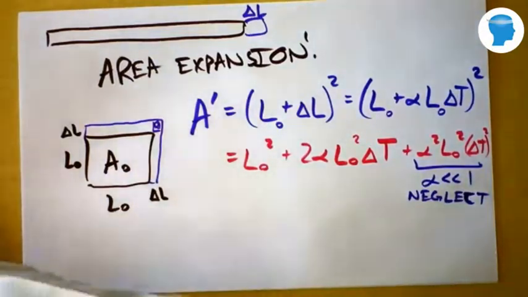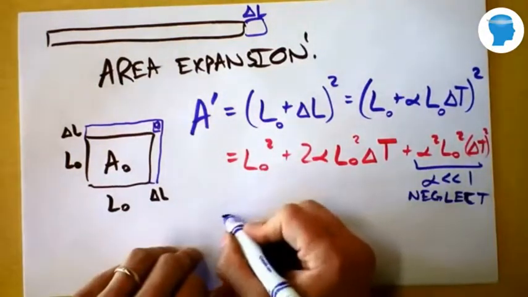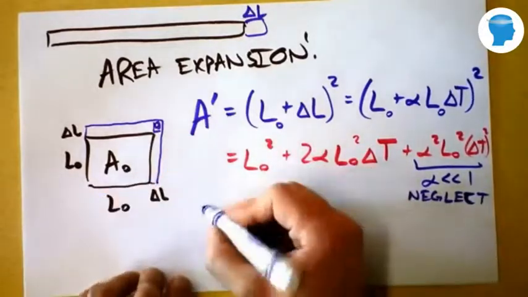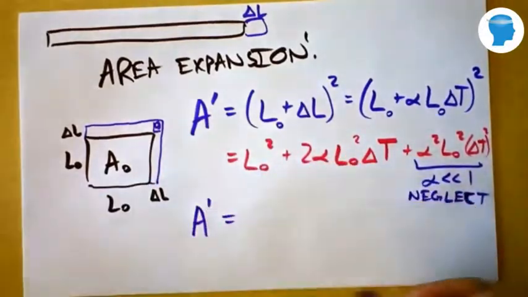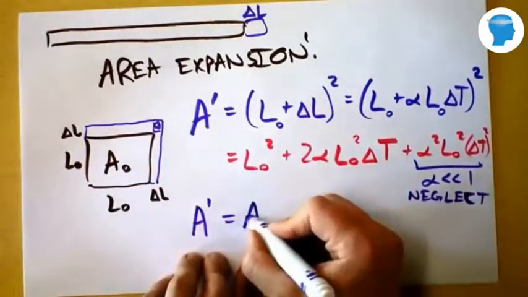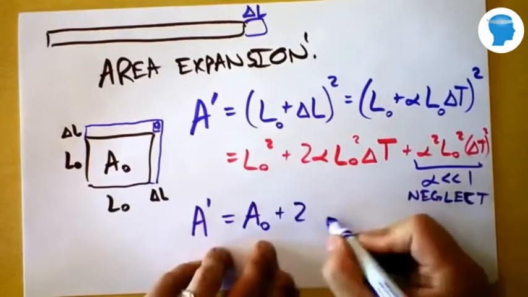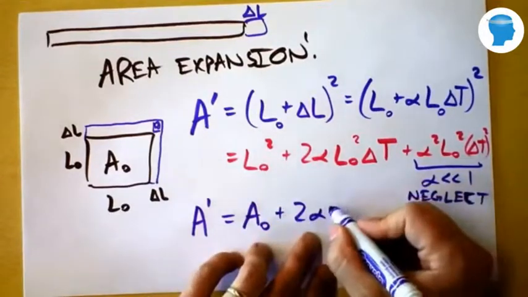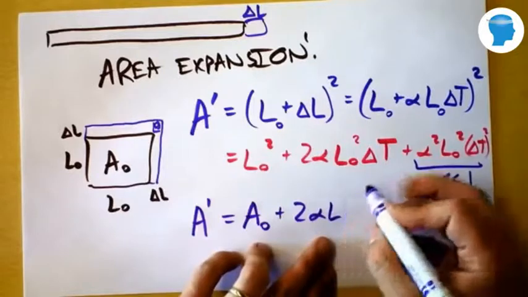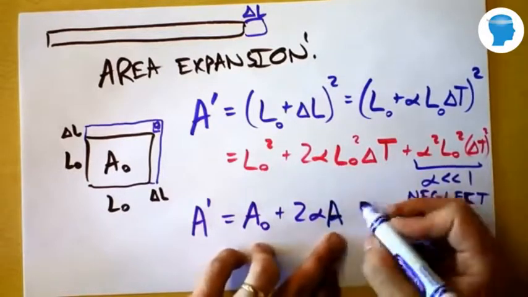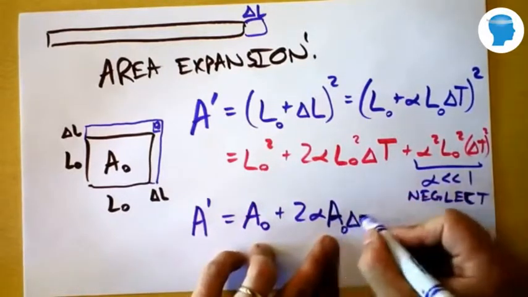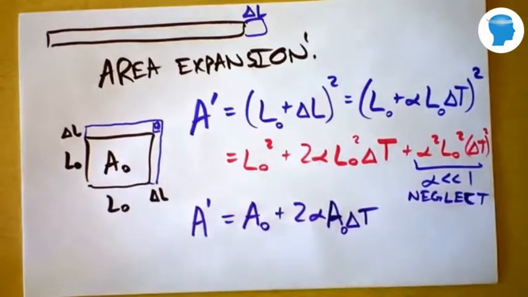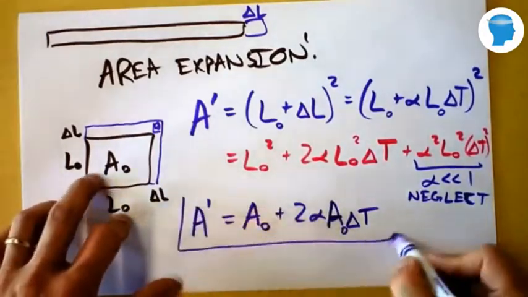Excuse me. So we'll go back to purple for the close. And the close says, guess what? Area prime, our new area, is our old area, plus 2 times alpha times L naught squared, oh, that's area, times area times delta T. Beautiful.